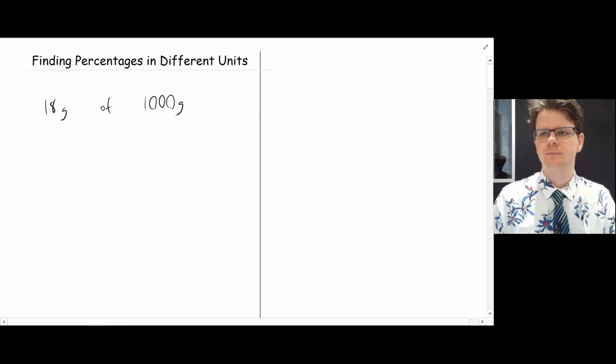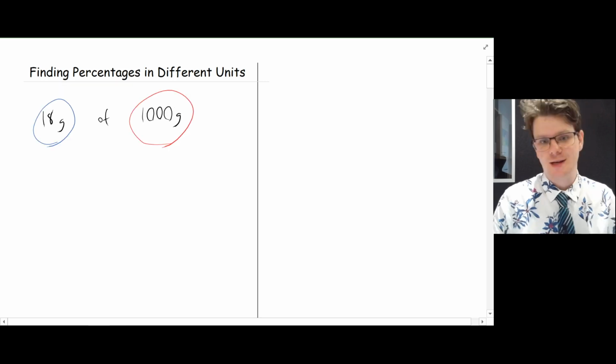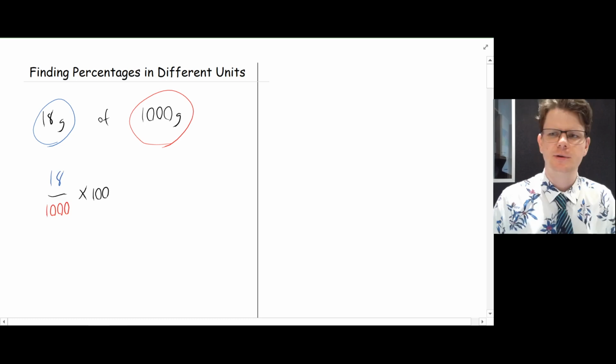That's our part, that's our whole, part divided by whole times 100. Why times 100? Because we're looking for a percentage.